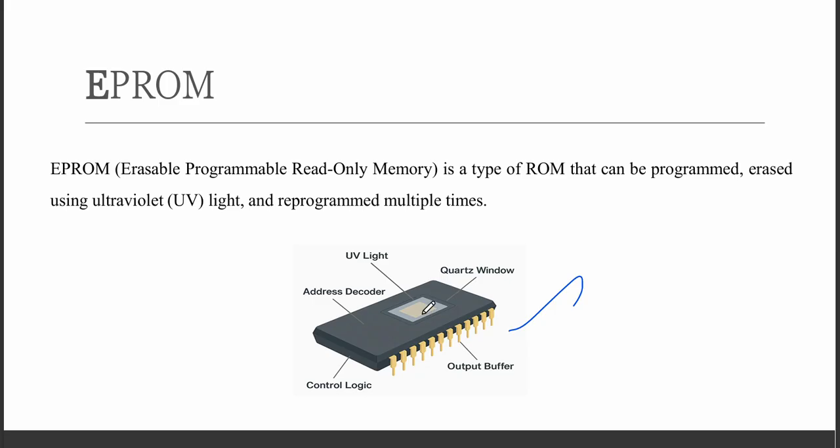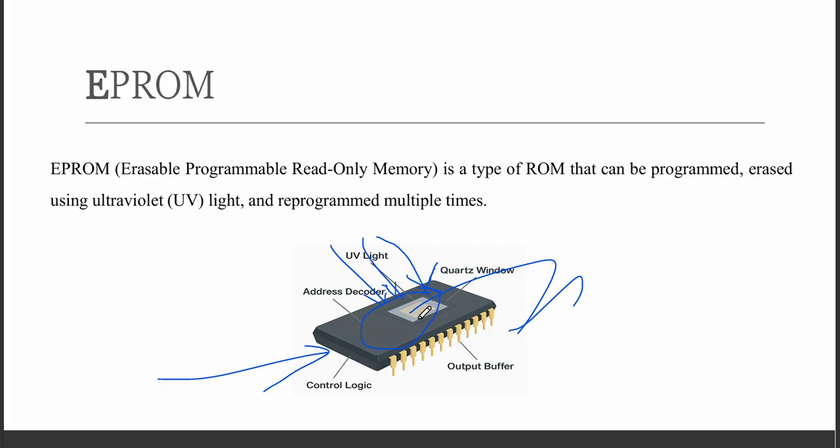When the user writes the code and it is dumped inside this ROM, if the user wants to change this code, they have to expose this EPROM to UV light, with the UV light falling on top of the EPROM. After the UV light passes inside this ROM IC, the entire data inside will be lost.